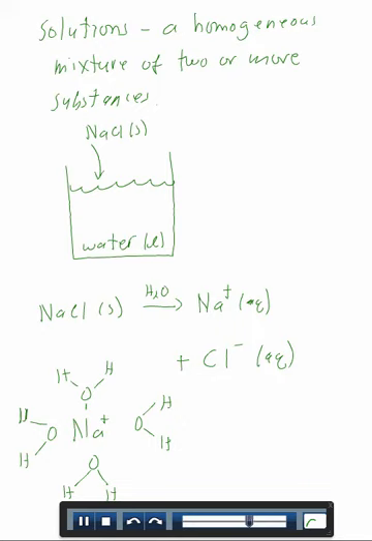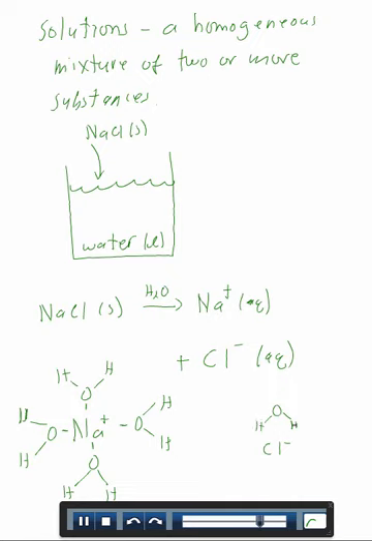So there's an interaction between the sodium ion and the water molecules, so there are electrostatic forces holding the water around the sodium ion. And the same thing with the chloride ion. You have chlorine, and you have water molecules surrounding the chloride ion.